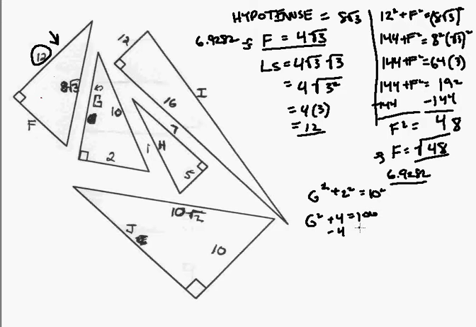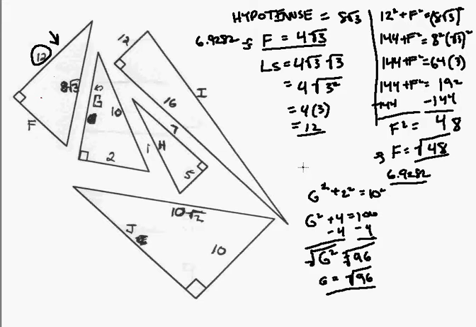Therefore, if I subtract 4 from both sides of the equation, I wind up getting G squared is equal to 96. So the way to undo a square is to take the square root. What you do to one side of the equation, you do to the other. So G is equal to the square root of 96. And we're done with that.